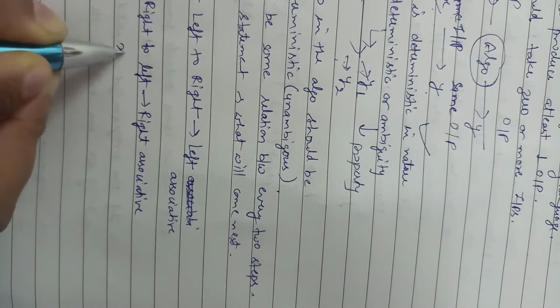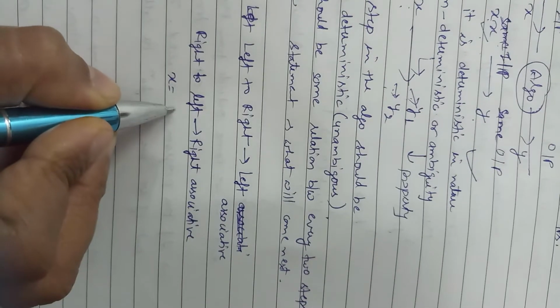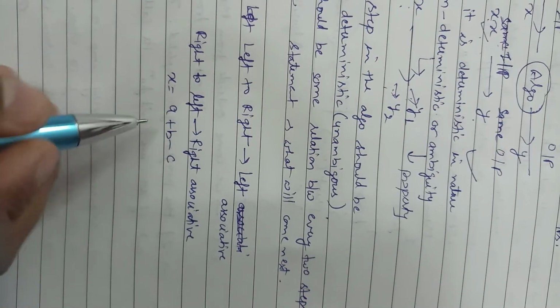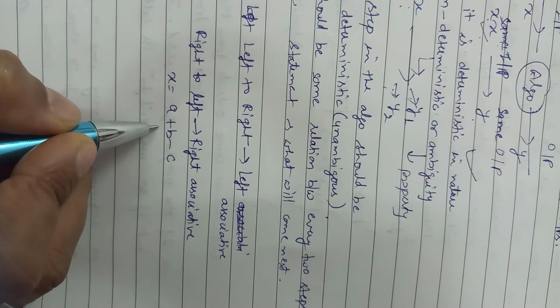Suppose we have x is equal to a plus b minus c. So is it left associative or right associative?